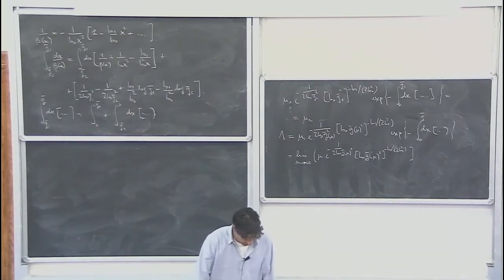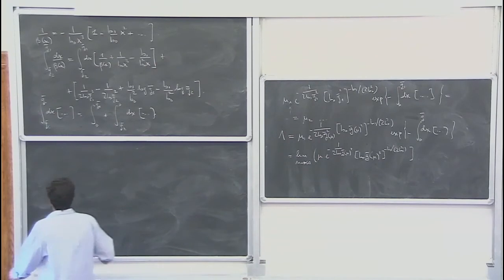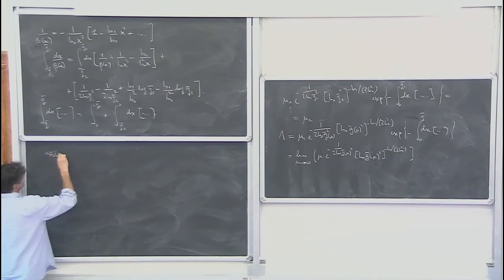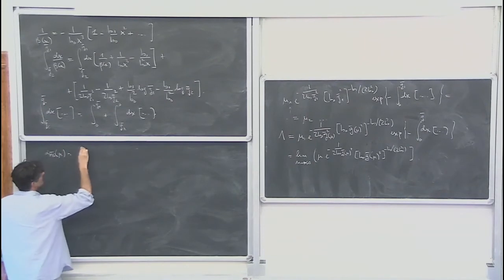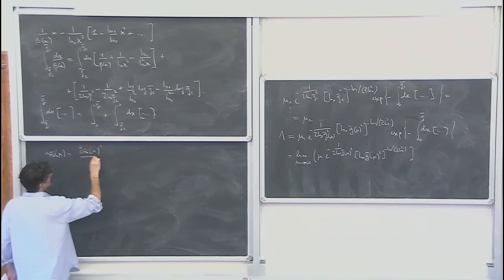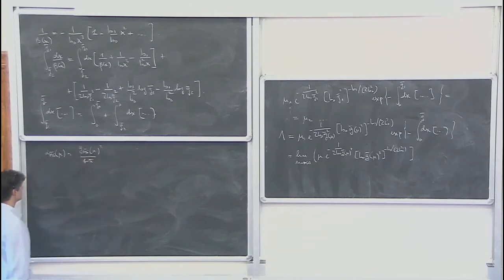Basically, first of all, let me remind you what alpha is. Alpha MS-bar at the scale mu is just g MS-bar squared divided by 4 pi. It's just the usual definition.